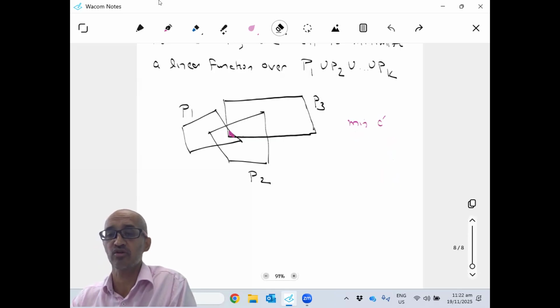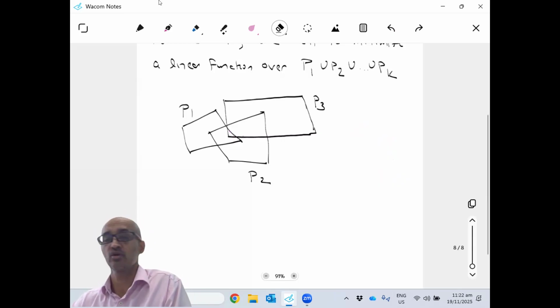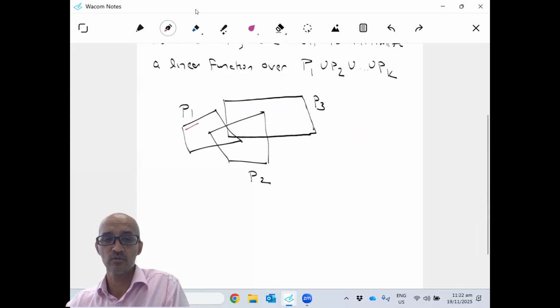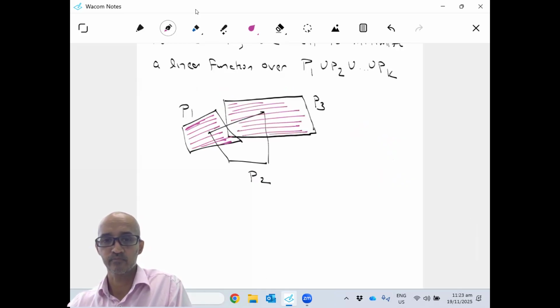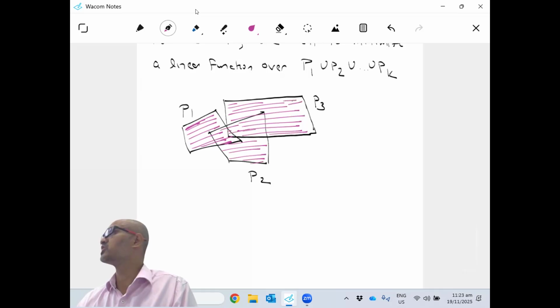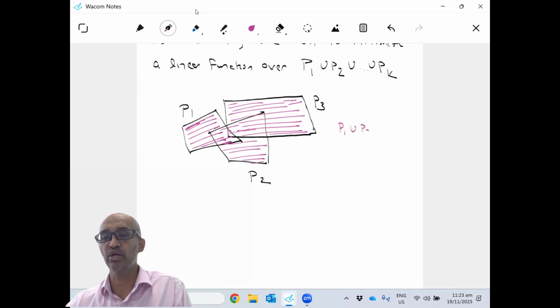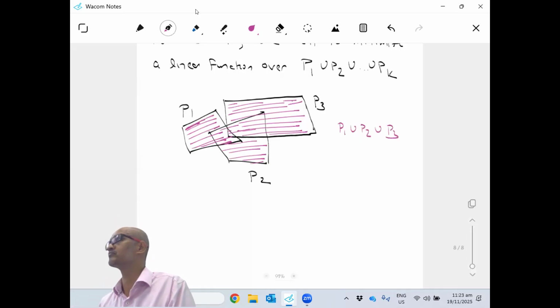So what is the union of these sets? The union of these sets in this example, the feasible region, is all the shaded region. This is P1 union P2 union P3.